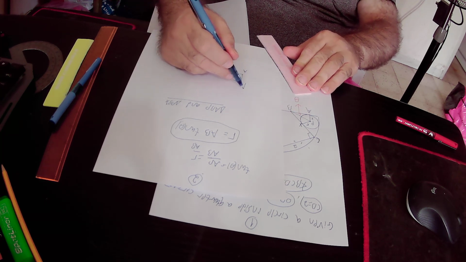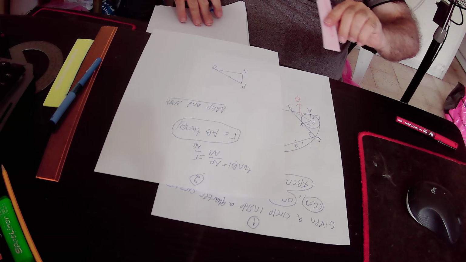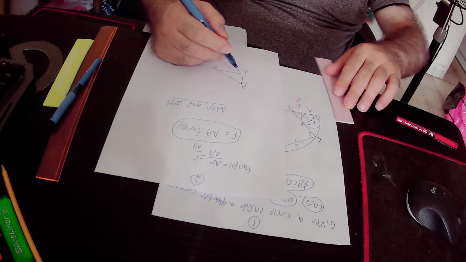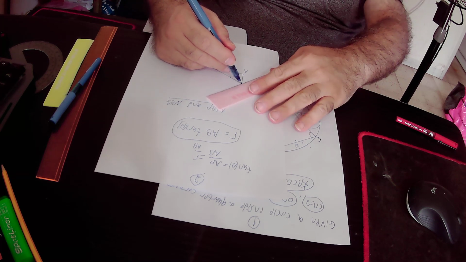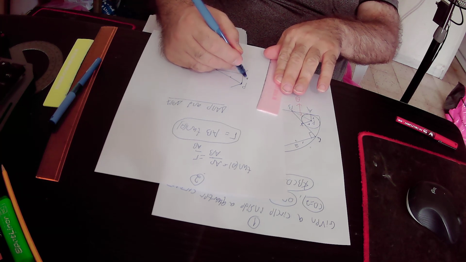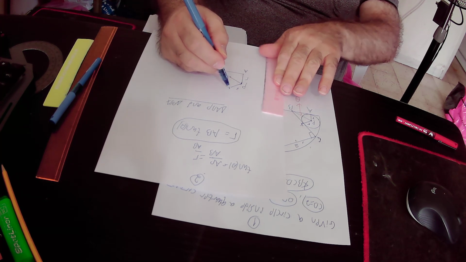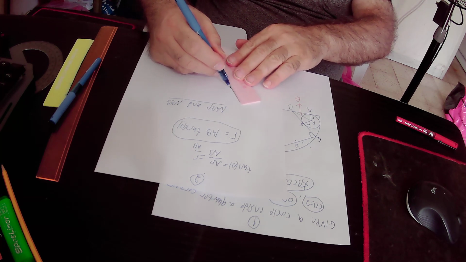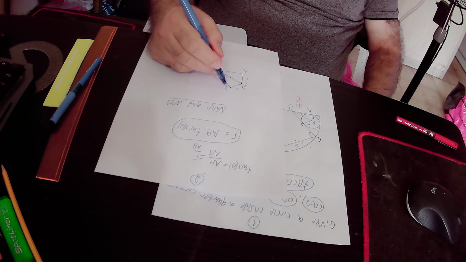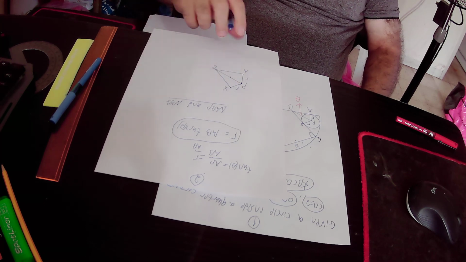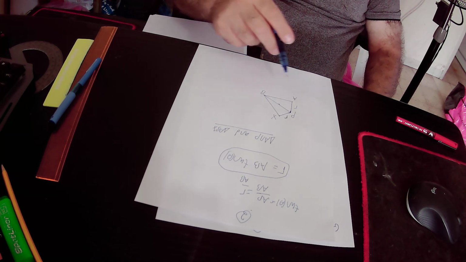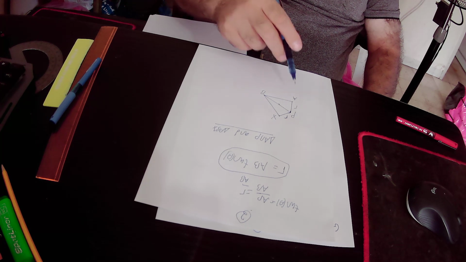This is triangle ABP, and I will also draw triangle PXB. So I draw again triangles ABP and triangle PBX.